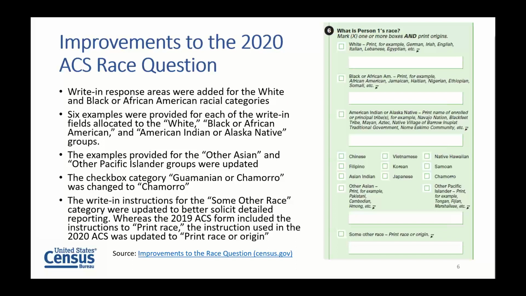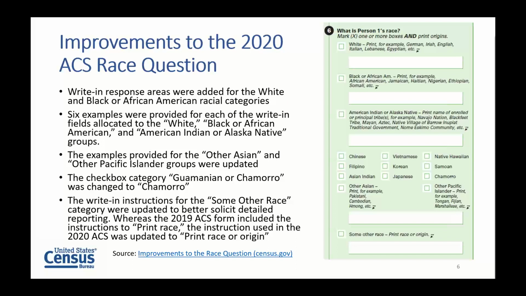And we provided 6 example groups for each of the white, Black or African American, and American Indian or Alaska Native racial categories. And these examples represent the largest population groups within each of the geographically diverse population groups of each race category, as defined by the 1997 Office of Management and Budget Standards.